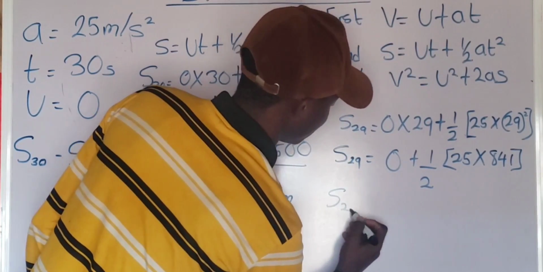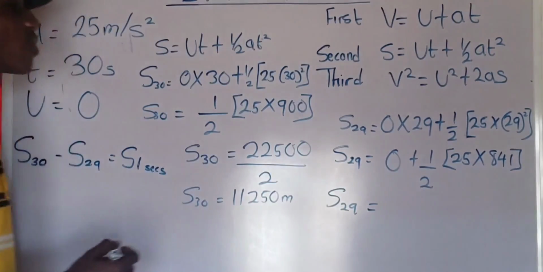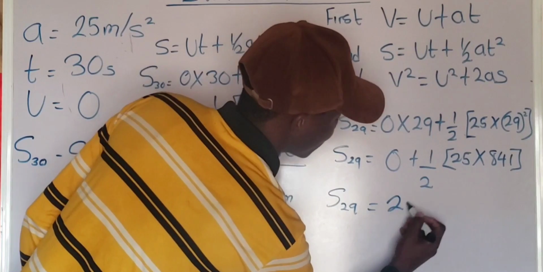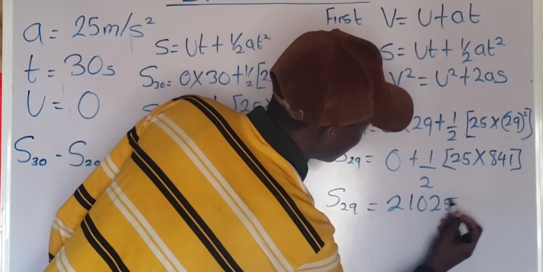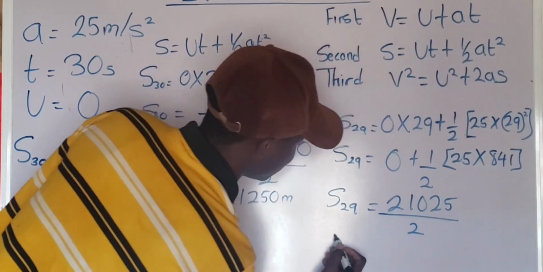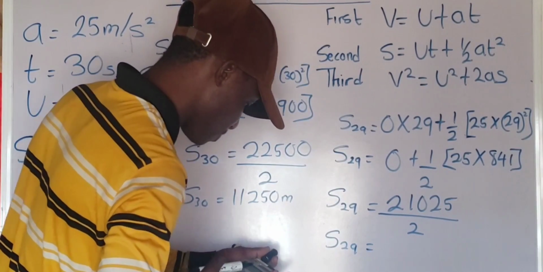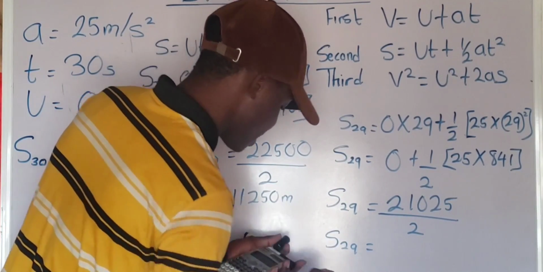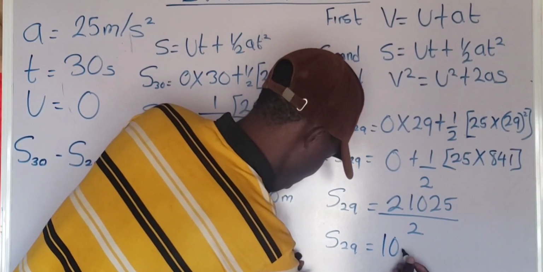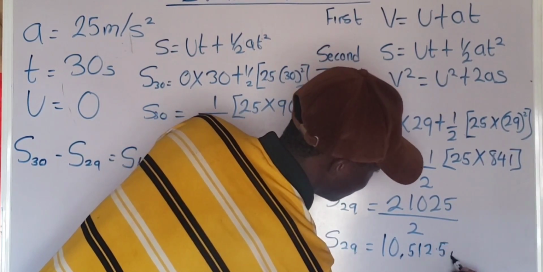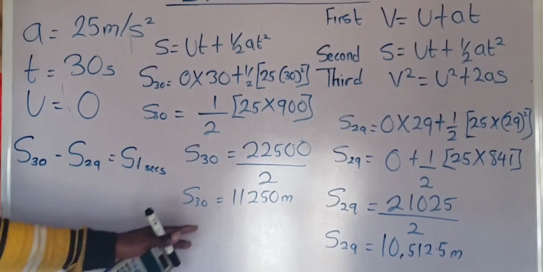So the distance that is covered in 29 seconds is 25 times 841, that is 21,025, all over 2. That is 10,512.5 meters. Please, do you understand how I got this?